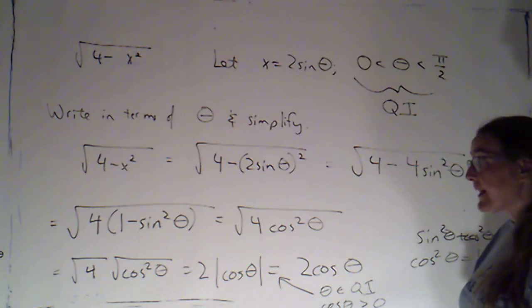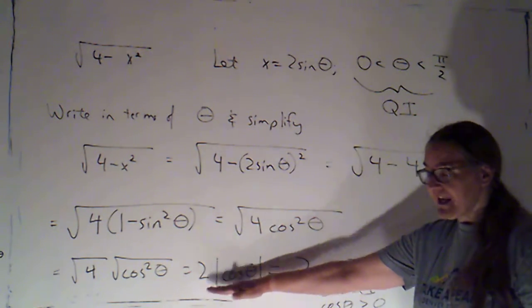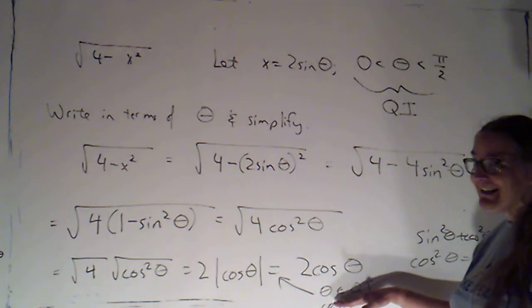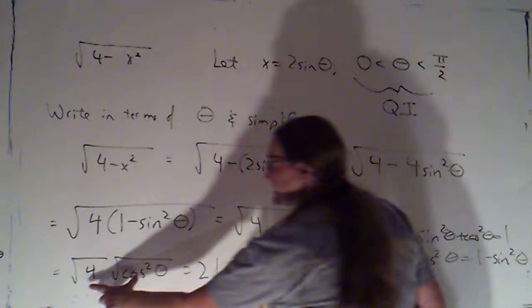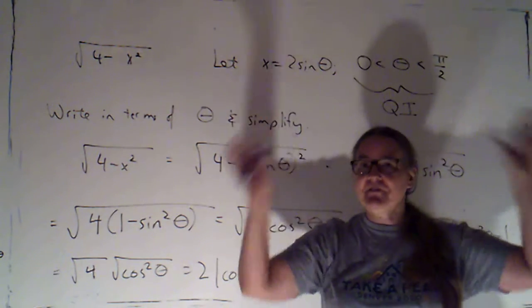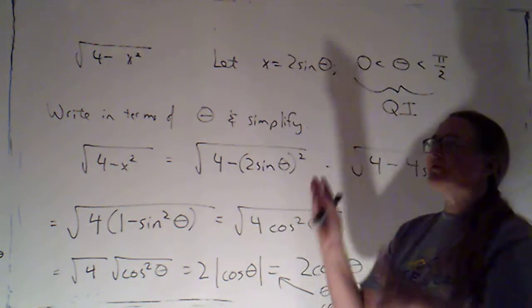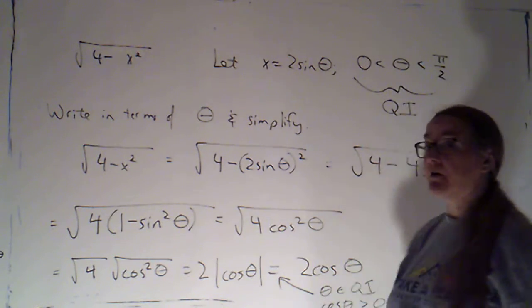Now, to get full credit on a question like this, I need to see the absolute value, and I need to see the reason it disappears. It's entirely possible that some of you would look at this and say, but I'm in quadrant 1, so cosine is positive, so the square root of cosine squared is the absolute value, which is just cosine. You could think through that without writing it and go right to here.